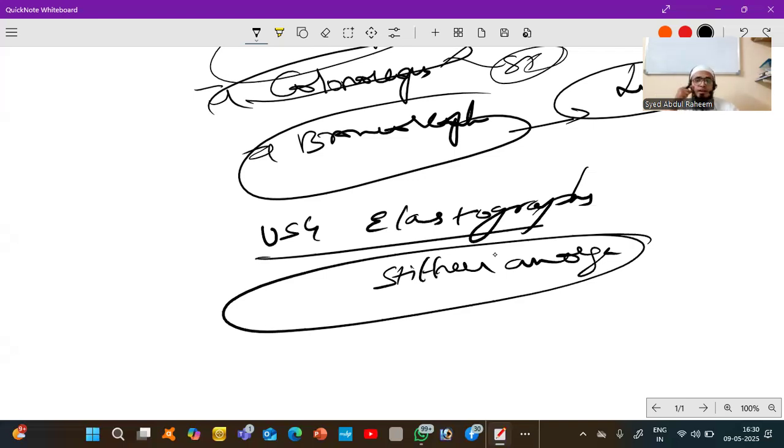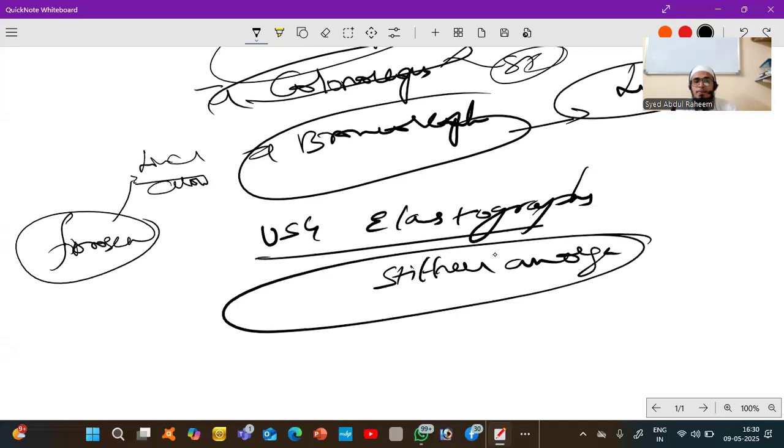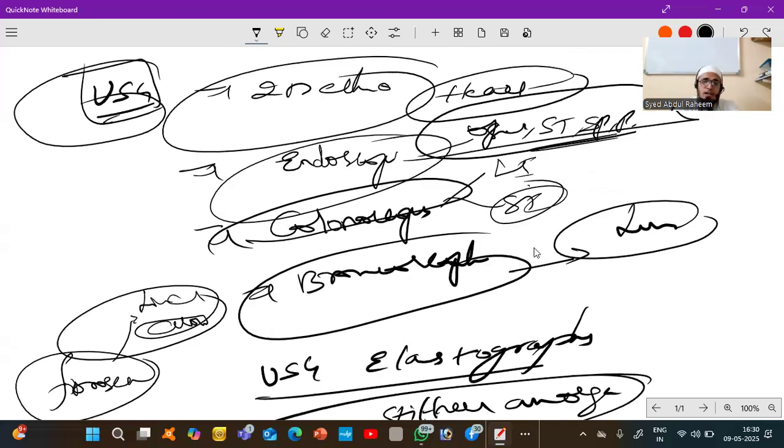Mostly it is also called liver scan, or another name, fibroscan. Mostly it is used for liver cirrhosis. So those are the different types of USG.